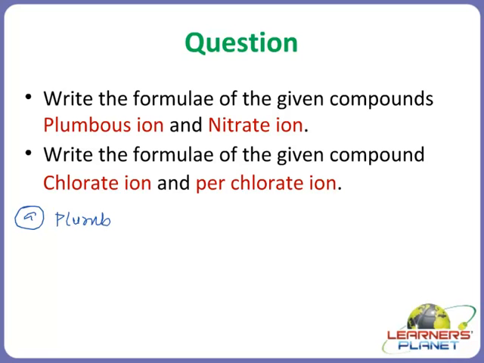So plumbous, always remember, ous is used for an ion with a lower charge. That is, it is Pb2+. And if I talk of plumbic, plumbic ion is Pb4+.